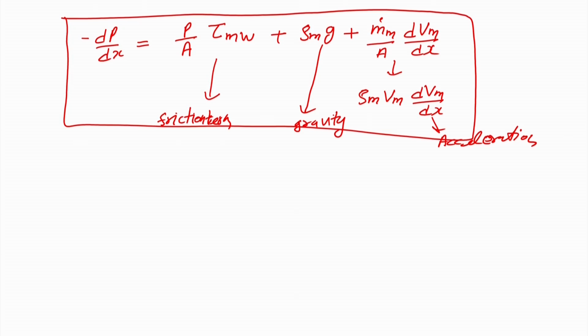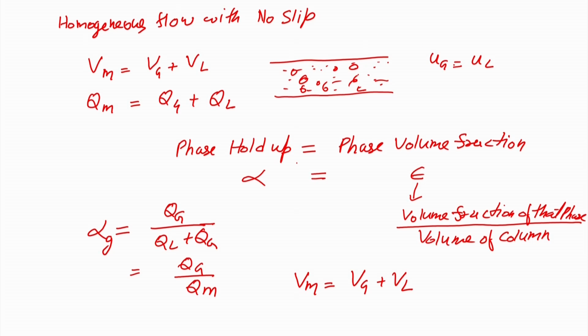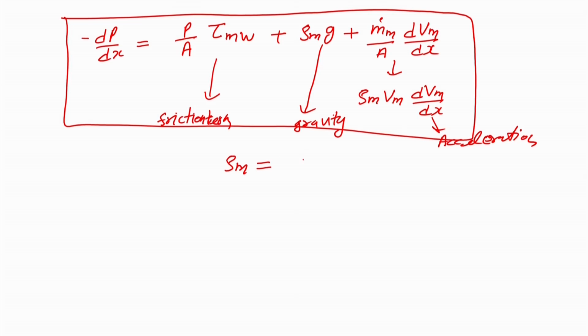Now, what is the problem here? Again, tau m is going to be the problem, rho m is going to be the problem. So, rho m we can now calculate. Rho m is no more a problem actually for homogeneous flow with no slip, because I can write rho m as rho L into epsilon L plus rho G into epsilon G. Now, because epsilon L is equal to alpha L and epsilon G is equal to alpha G, the volume fraction and phase holdup are equal.